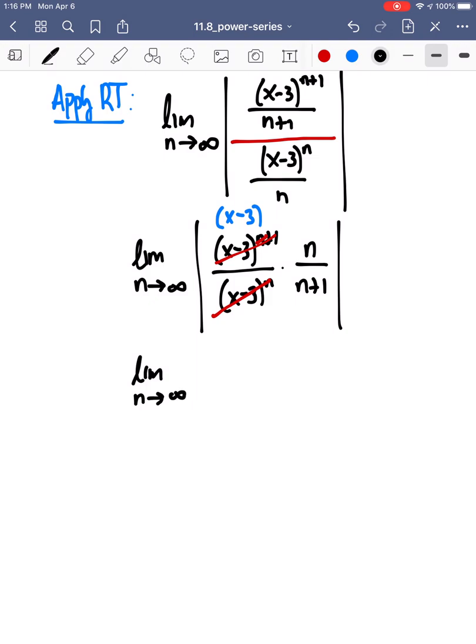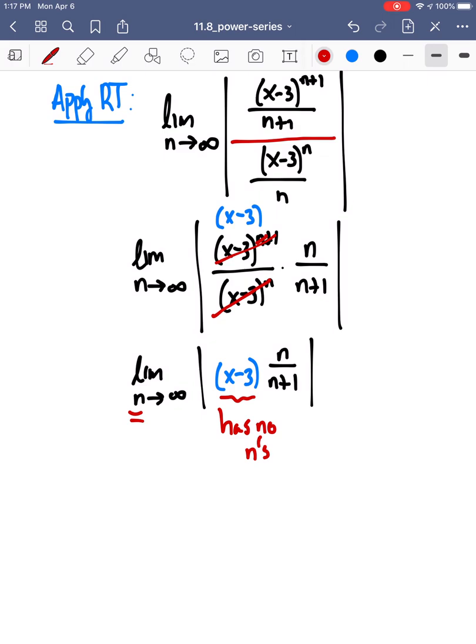So what we actually have now is the absolute value of x minus 3 times this n over n plus 1. And I want us to notice something right now. This limit is with respect to n. This term here has no n's. So what we could actually do is just pull it right out of this limit.